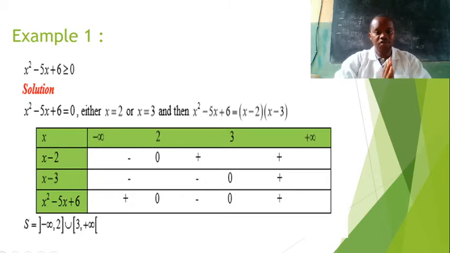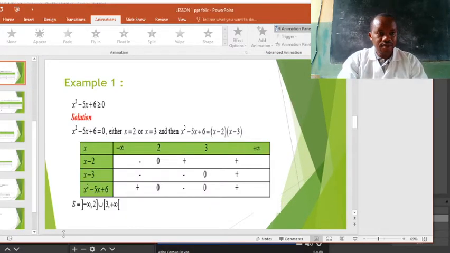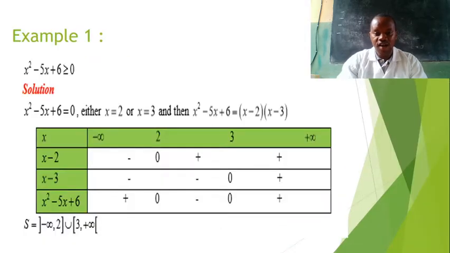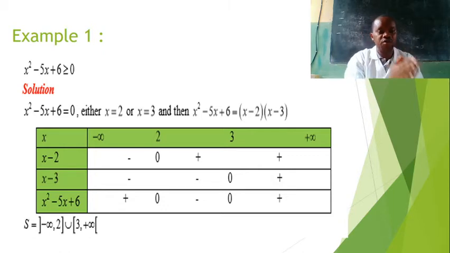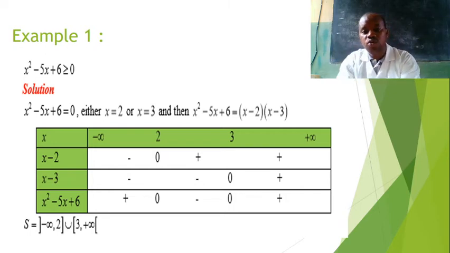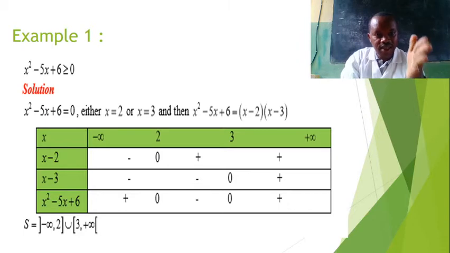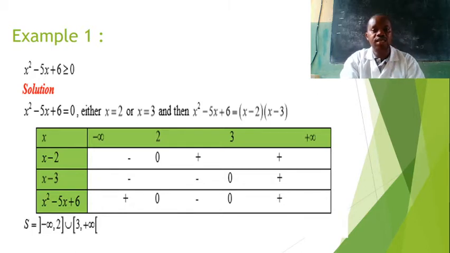The important part that follows is to make the table of sign. In the table of sign, first of all, in the first row, we put the values of x, which vary from minus infinity up to positive infinity. We locate the values of x that we got before, starting from the smallest to the largest.